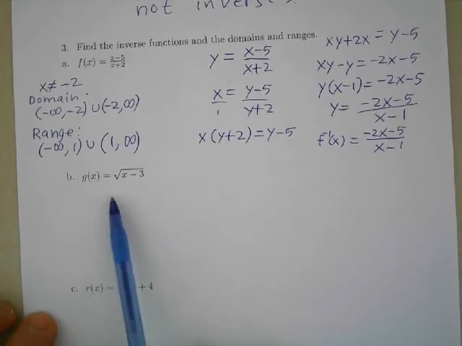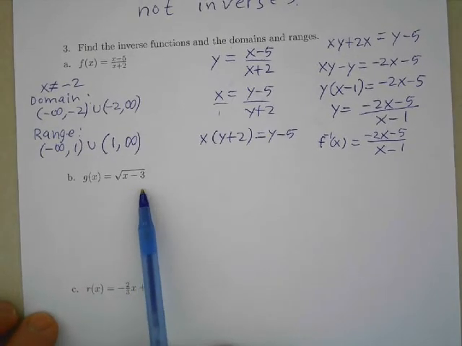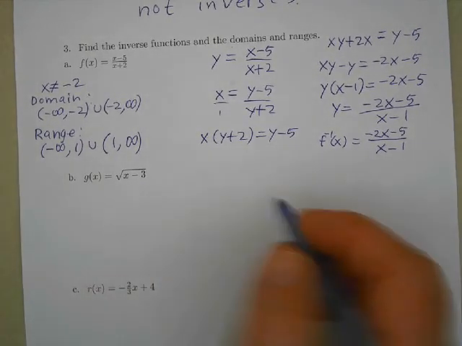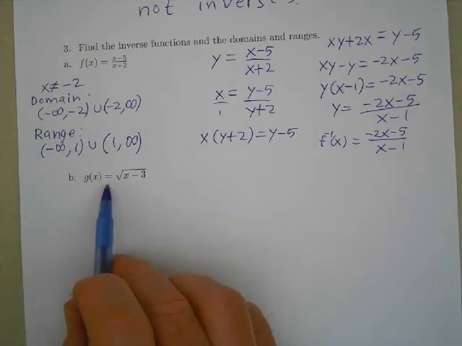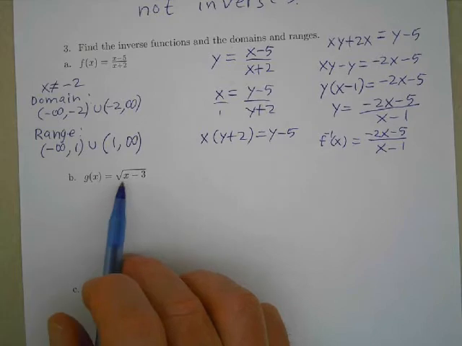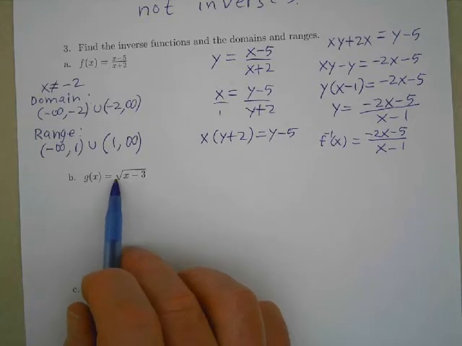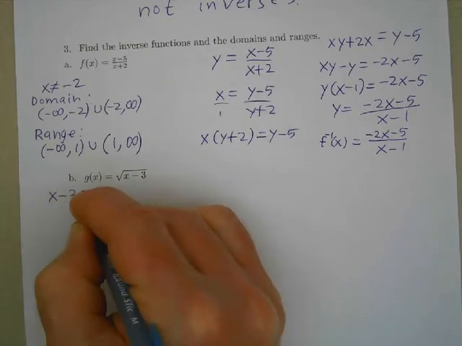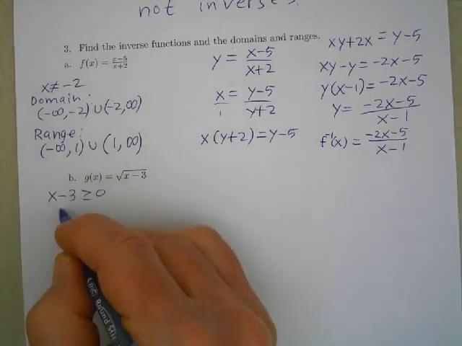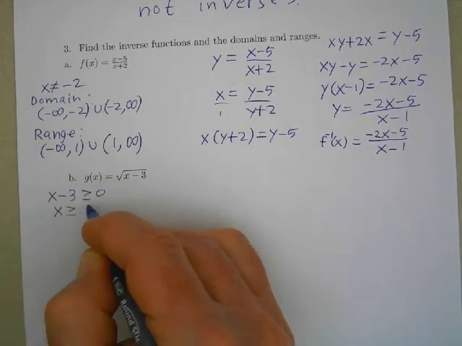g of x equals the square root of x minus 3. To find the domain of this function, well, we want real valued functions, so we want to take the square root of non-negative numbers. So that means x minus 3 has to be greater than or equal to 0, or x is greater than or equal to 3.